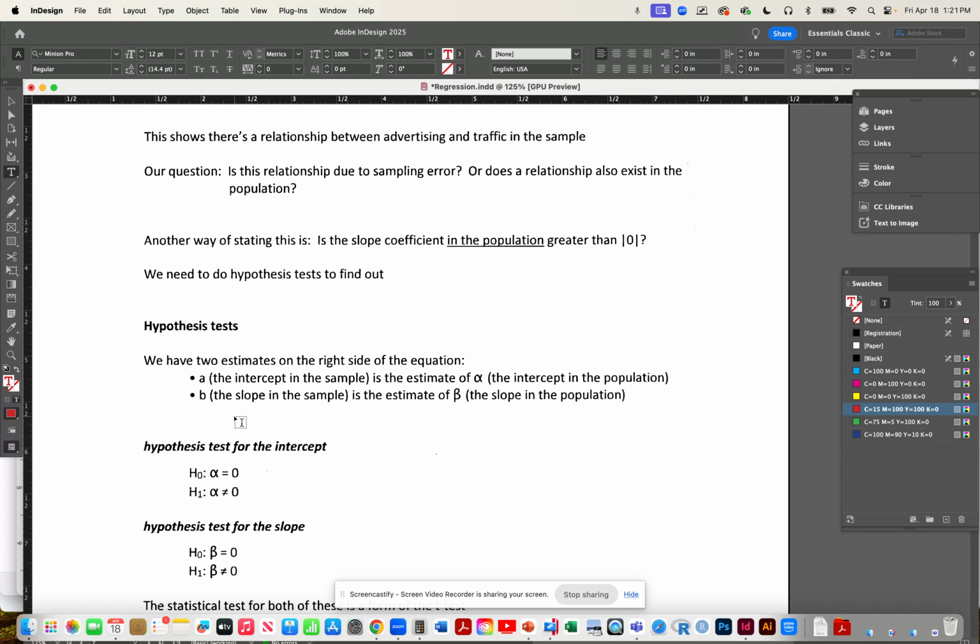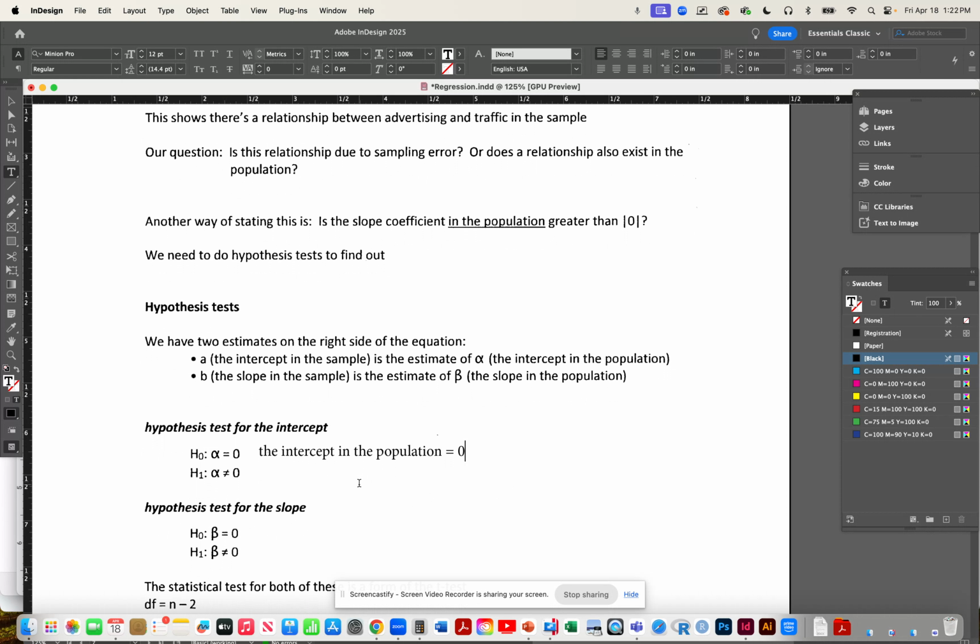And then B, the slope in the sample, is the estimate of beta, the slope in the population. So for our hypothesis test for the intercept, we're saying that the null hypothesis is that alpha equals 0. So another way of putting this is the intercept in the population equals 0.